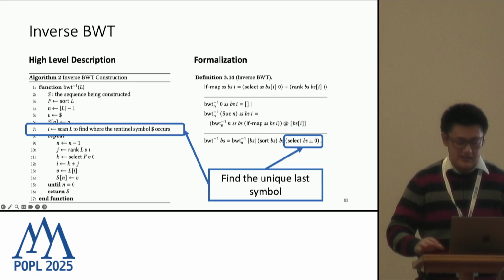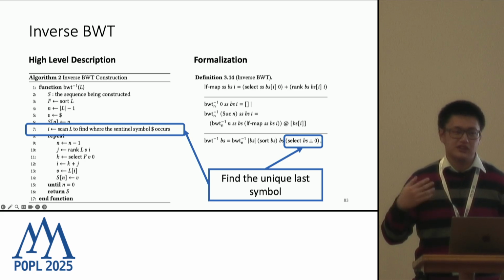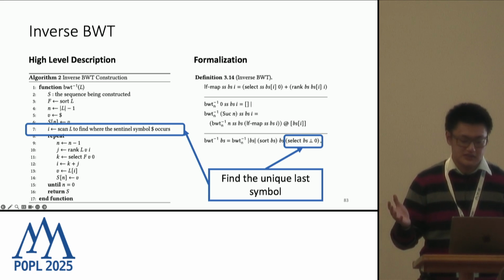And the last part is basically a wrapper so that we can start at the unique last symbol, and also only do the repeated application n times, where n is the length of the original sequence, or the BWT-transformed sequence.